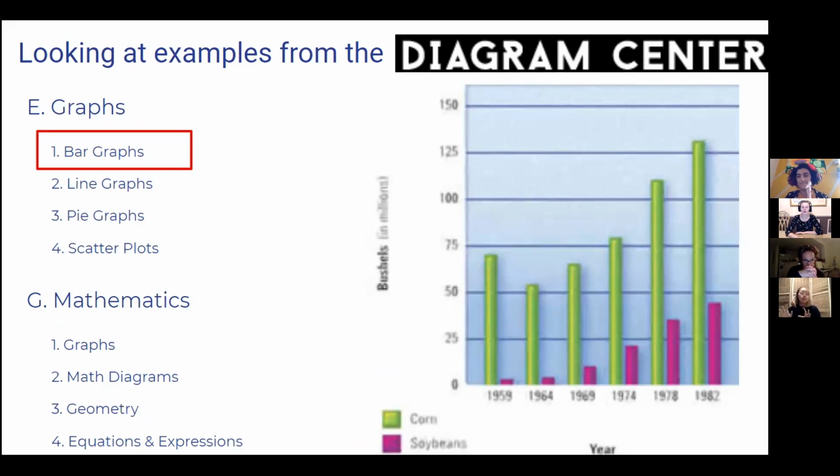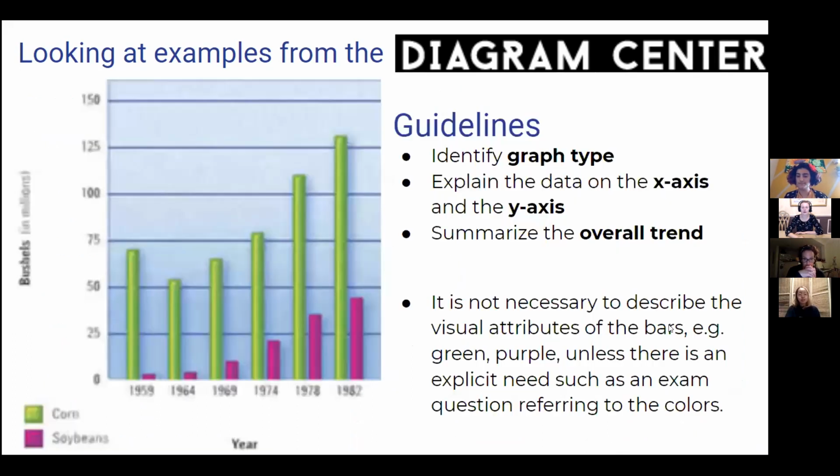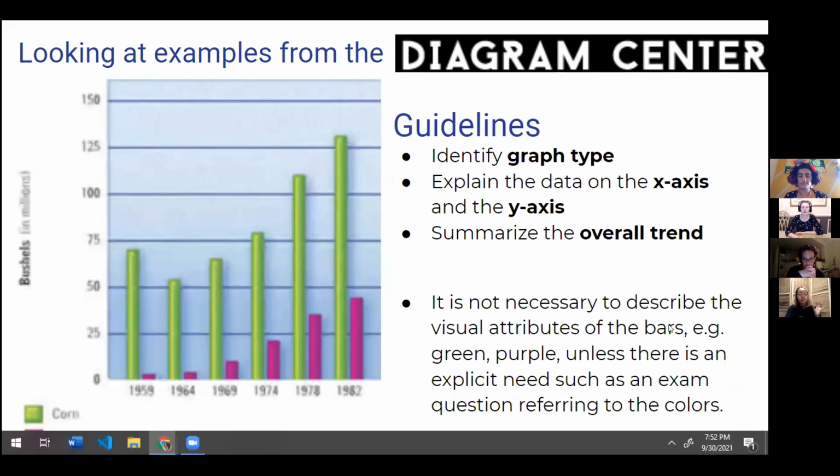The Diagram Center doesn't have an example for histograms specifically, but we can still learn a lot from what they have to say about bar graphs. The general guidelines are these 3 points: identify the graph type, explain the data on the X and Y axis, and summarize the overall trend.